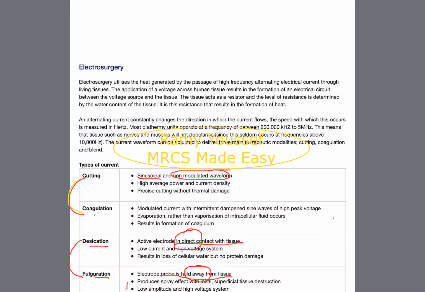In coagulation, you'll find a modulated current with intermittent damped waves, high peak voltage, and so on. But the keyword for everyone: sinusoidal, non-modulated will be cutting, modulated will be coagulation. In direct contact will be dissection, away will be fulguration. Is it clear?